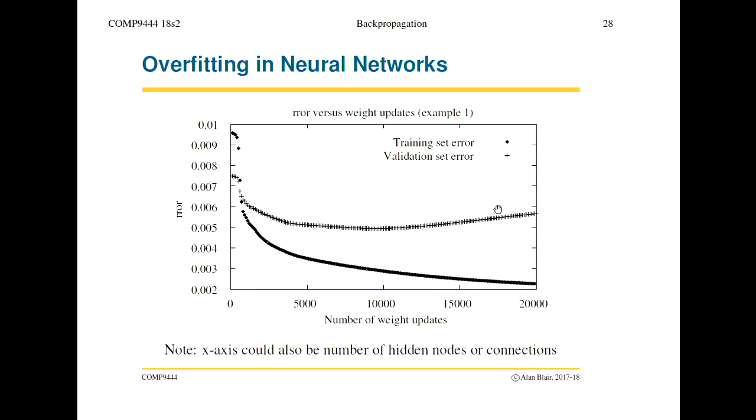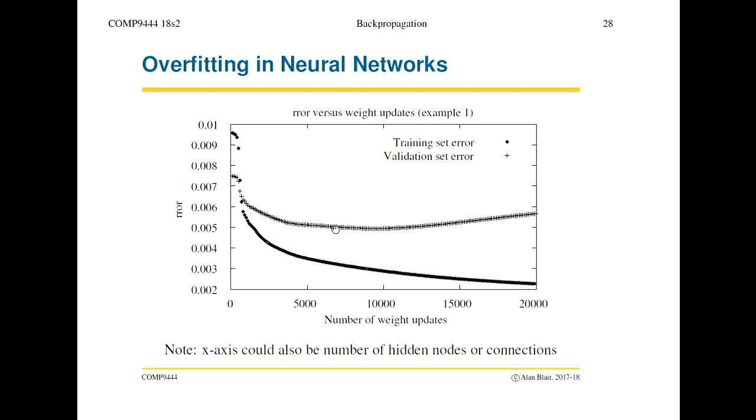We don't want to train longer than that because we'll be overfitting. If this is the number of hidden nodes, then whatever number of hidden nodes is here, that's what we choose, right? There's no theoretical way to choose the number of hidden nodes. It's usually done experimentally, but you do typically get this pattern.